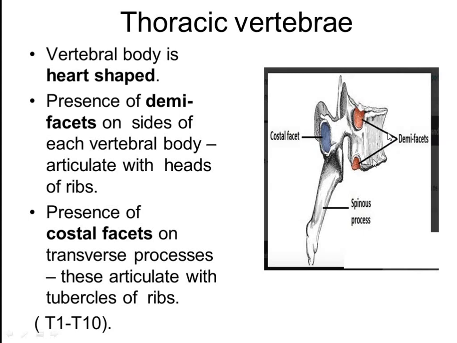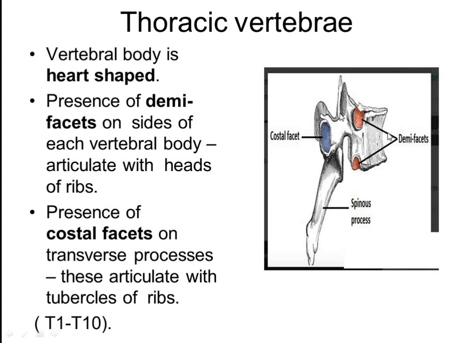As far as the shape of the vertebral body is concerned, it is heart-shaped, cylindrical, in a three-dimensional view. In the side view you can appreciate the heart-shaped body, and of course in the superior or inferior view as well.